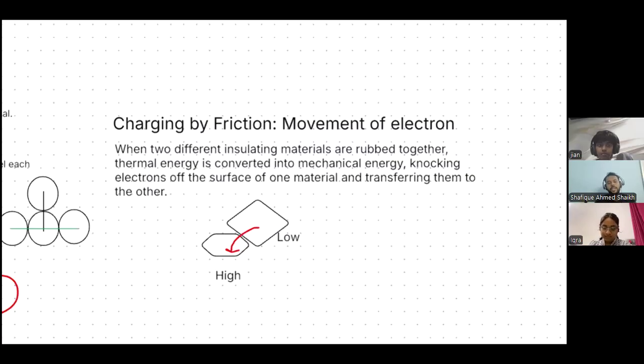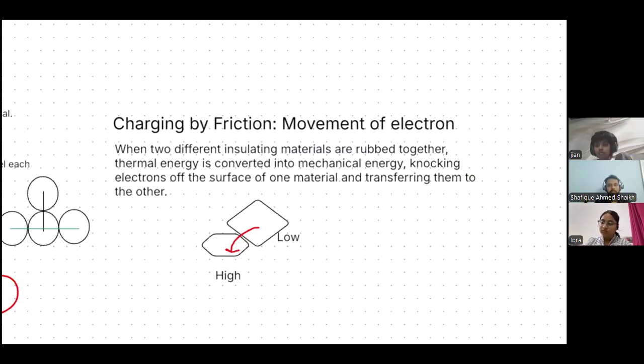Okay, so in charging by friction, movement of electrons is happening. When you go through this statement, the one thing you should be asking is why it is happening. I gave you the reason for that also. In this case, we will take a rhombus and a hexagon.